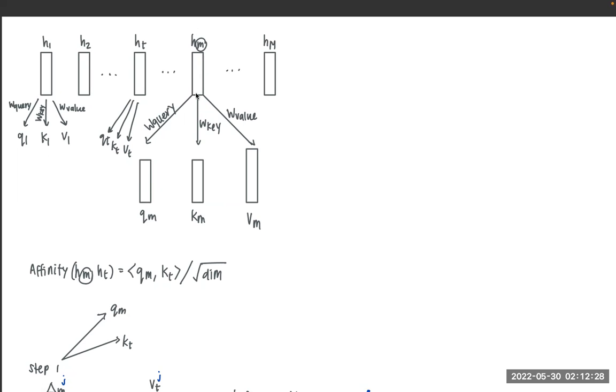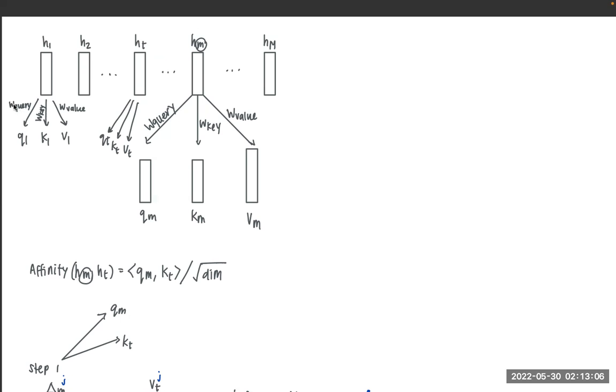And you can also multiply a weight matrix W key to get a key vector. And you multiply a value matrix W value to get this value vector. So the dimensionality of the query vector and key vector are the same, but the dimensionality of the value vector may be different.